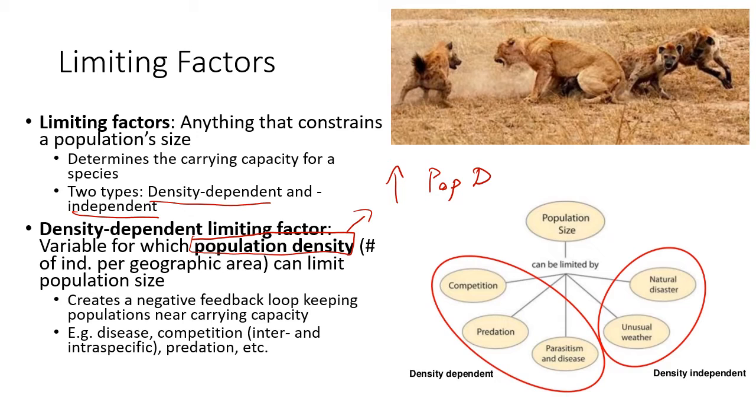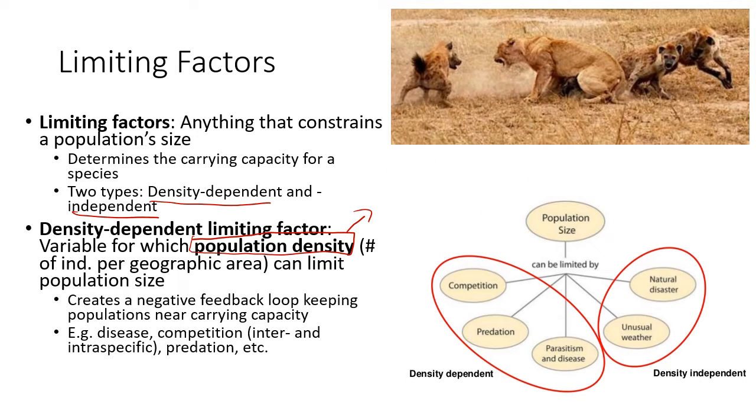The higher the population density, you're going to have a decrease in population size over time. Okay, so time passes and that population size is going to decrease because of several factors. There's going to be an increase in competition among individuals, so there's not enough food to go around. There's going to be spread of disease, so more individuals are going to die as time passes due to disease because they're all living in very close proximity to one another, etc.